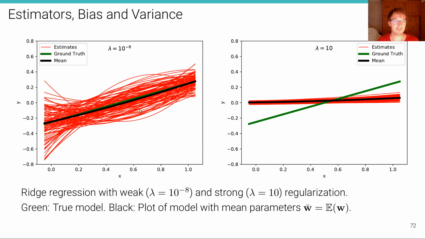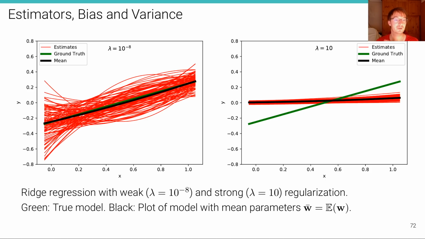In this case, you can see that the true model is a line. This is this green line. However, we have large variance if we look at these estimates to the randomly sampled data points. Right? This is these red lines.